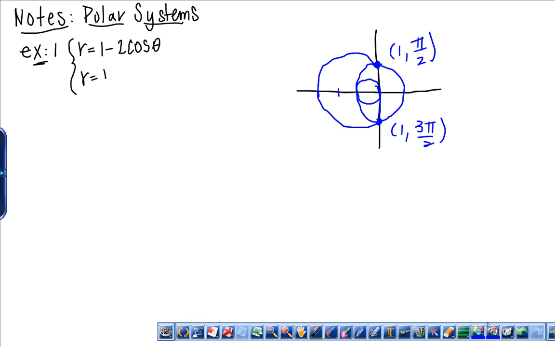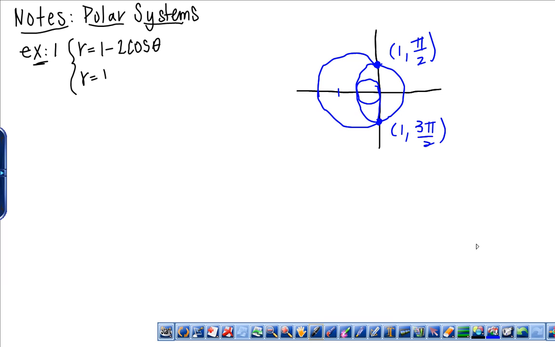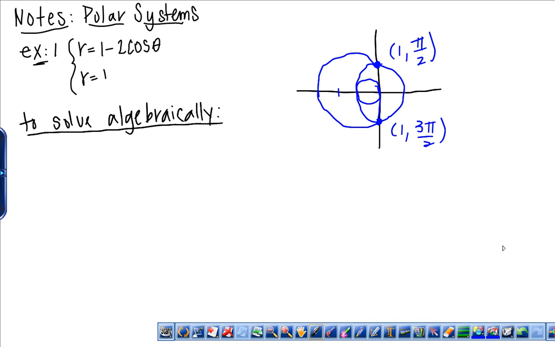All right, so let's go ahead and do this algebraically and see what happens. To solve algebraically, what we need to do is set the equations equal to each other. So I'm going to say 1 is equal to 1 minus 2 cosine of theta.